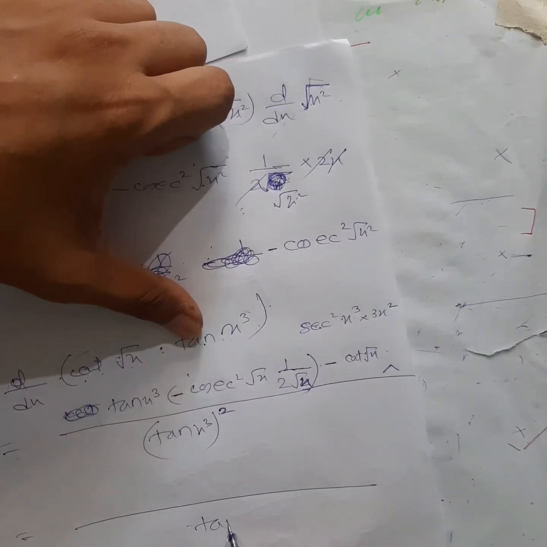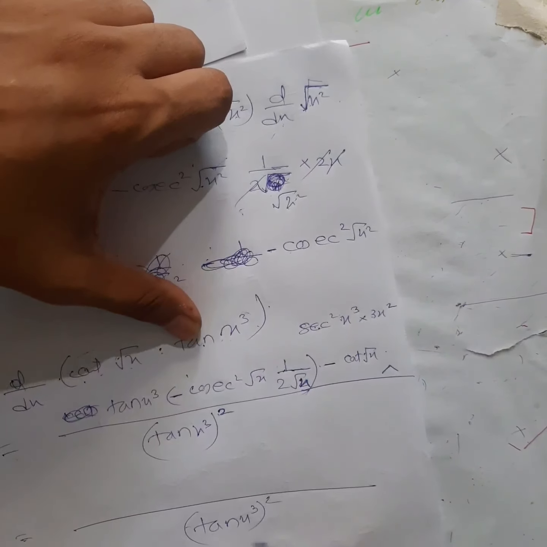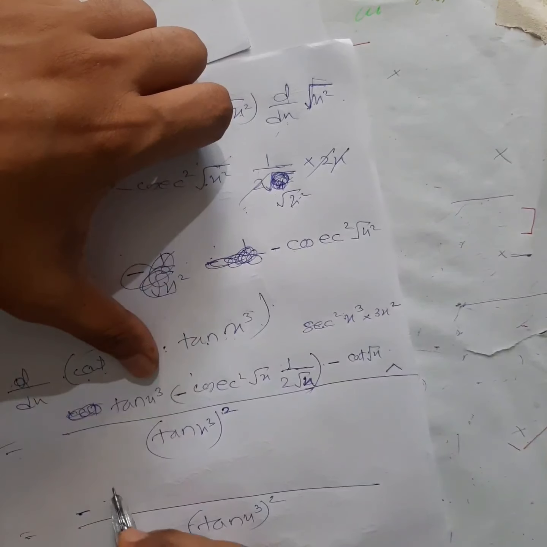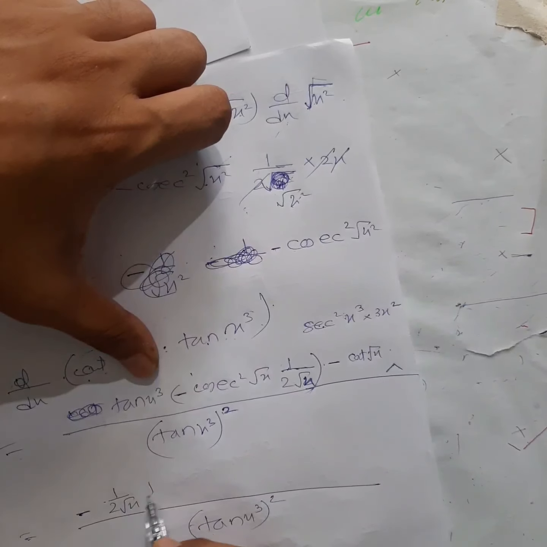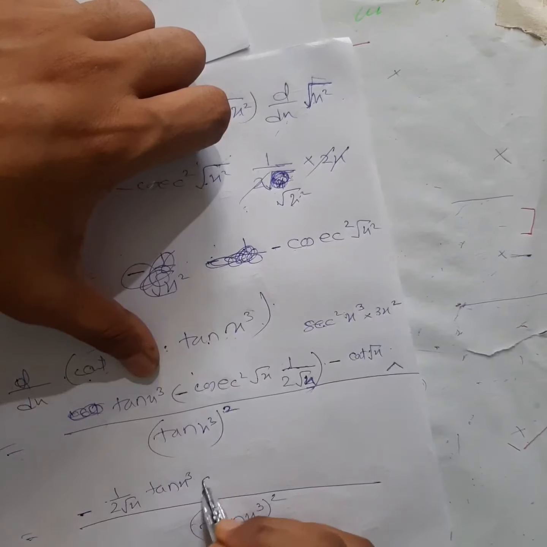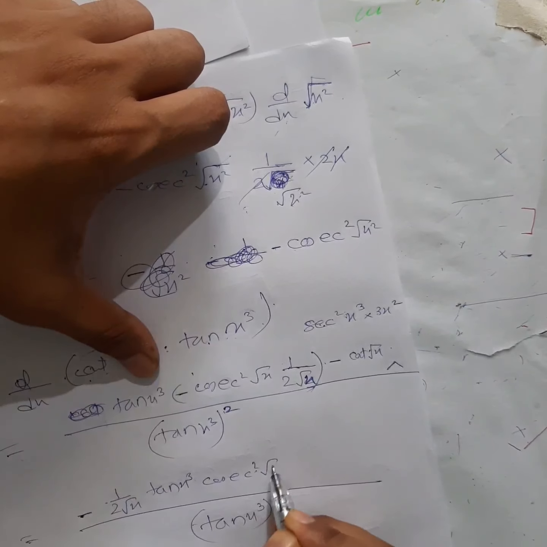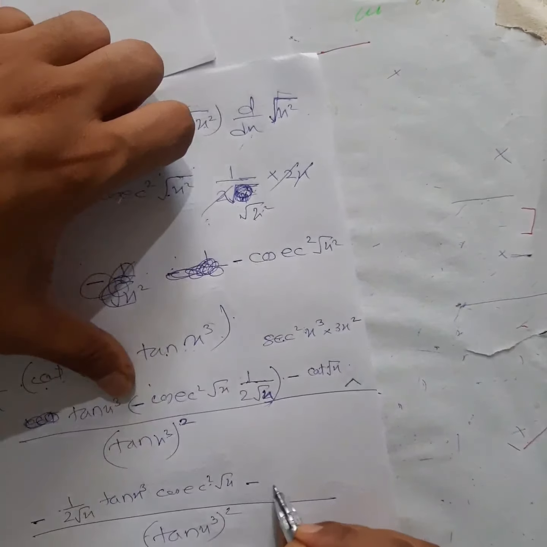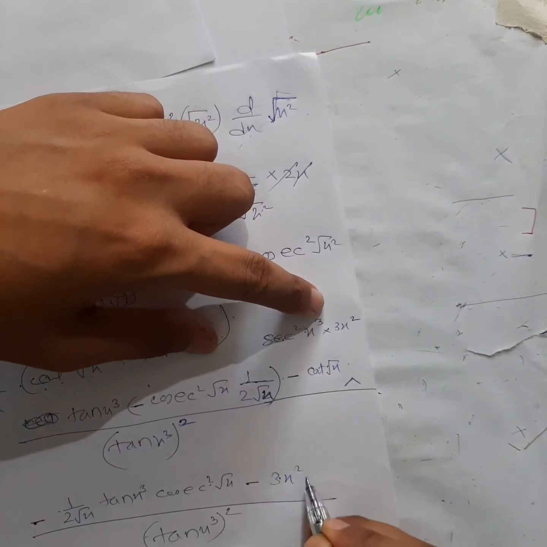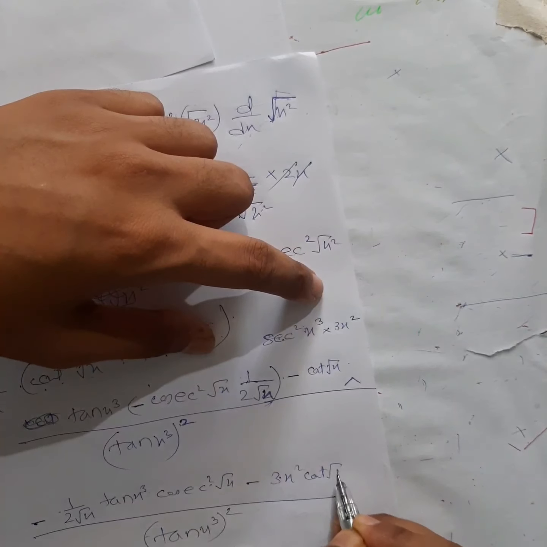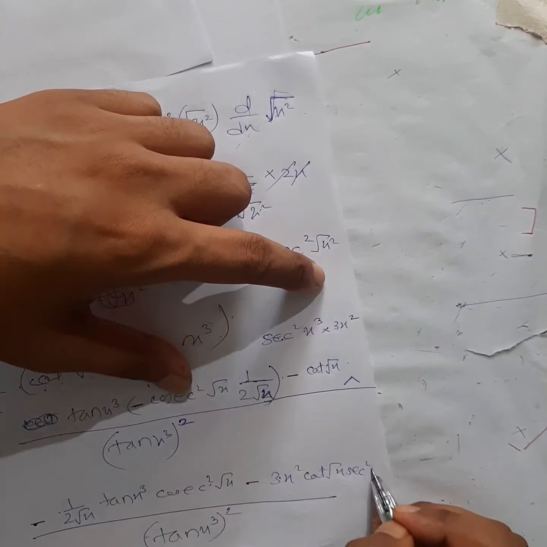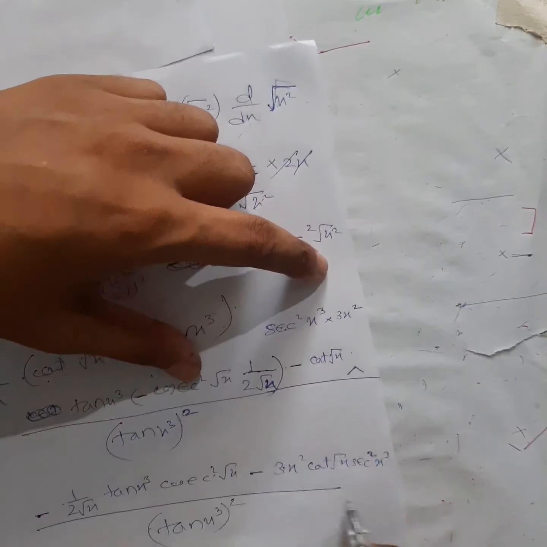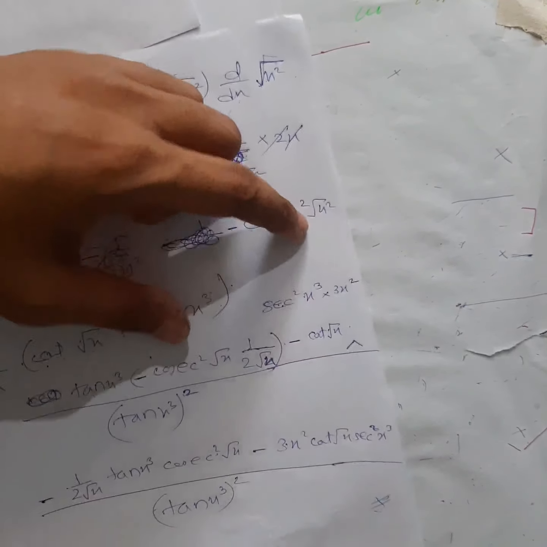Done. 10x cube whole square. This will give you minus 1 by 2 root x, 10x cube cosec square root x minus 3x square cot root x sec square x cube. Okay, so that will be your answer.